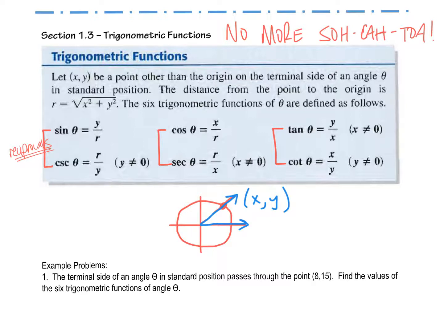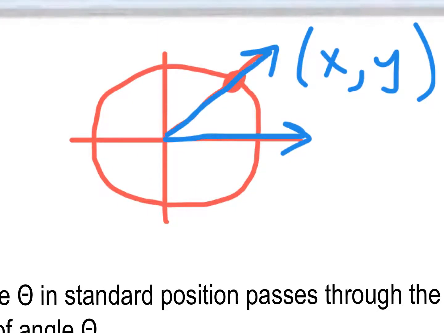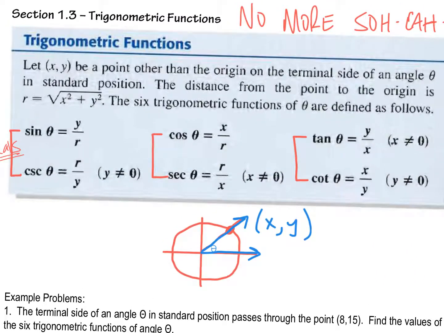Let me explain a little bit about why we are not doing O divided by H, we're doing y divided by r. We've gotten into this thing called the unit circle. If I wanted to do my angle here for theta, the words up here are in the definition that I skipped over.